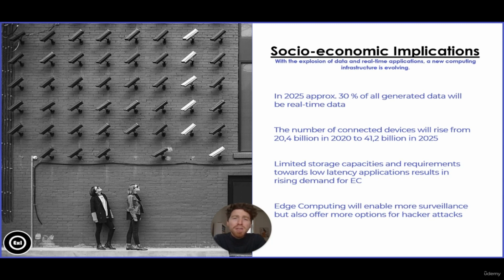Another important thing to consider is that if you compare a cloud infrastructure with an edge computing infrastructure, usually the cloud infrastructure is managed in a highly secure professional environment by big tech companies, while edge computing infrastructures are built independently from these tech providers.